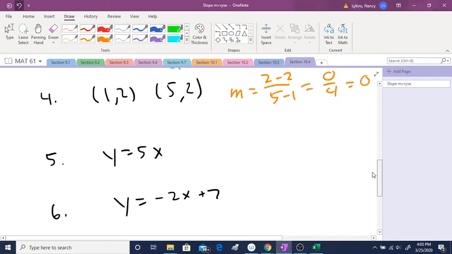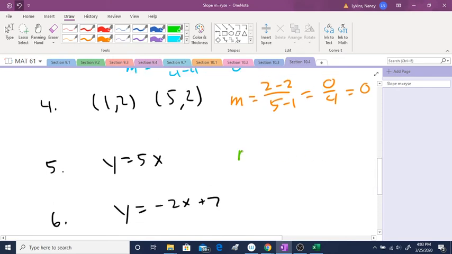Now, this is just recognition. What is the slope on both of these? What's the number in front of the x? In number 5, the slope is actually 5 because 5 is in front of the x. Number 6, it's not 2, it is a negative 2.